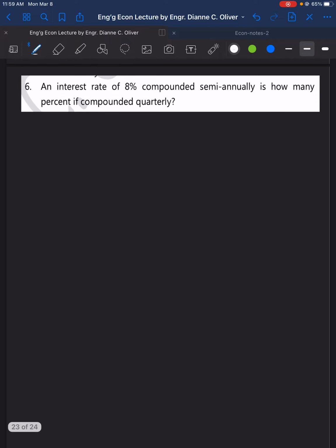Next, number 6. An interest rate of 8% compounded semi-annually is how many percent if compounded quarterly? So here we are making a comparison. Let's put first the given. The first rate here is 8%.